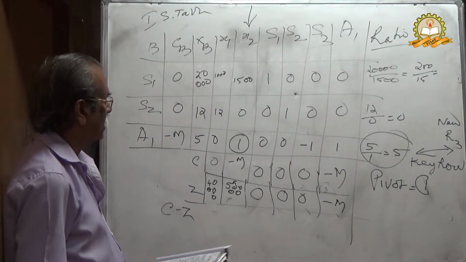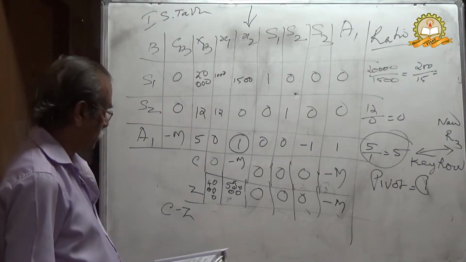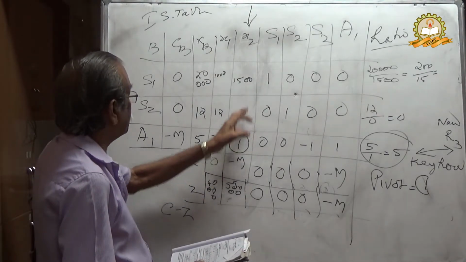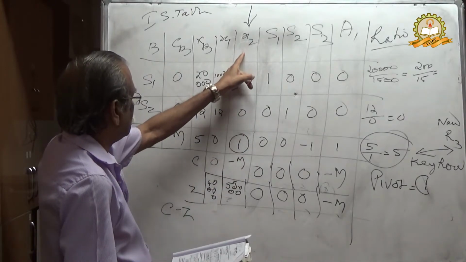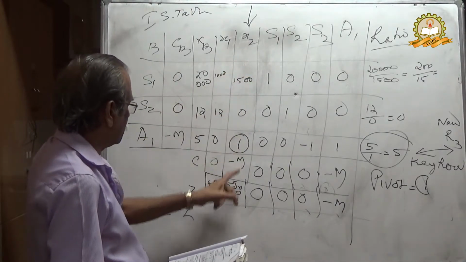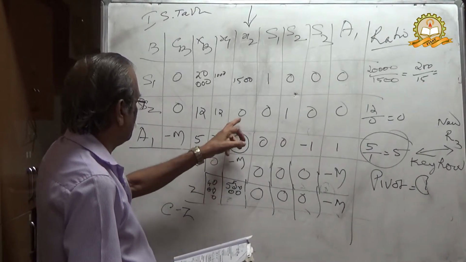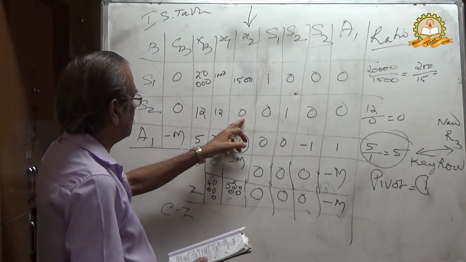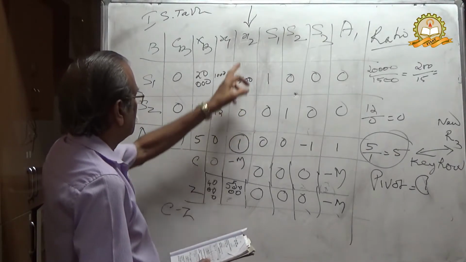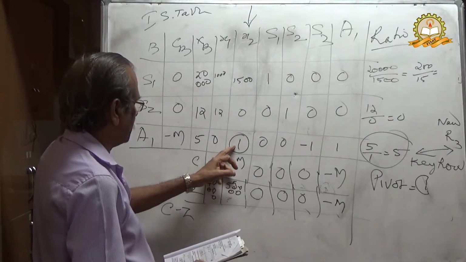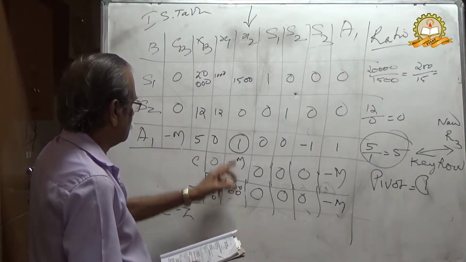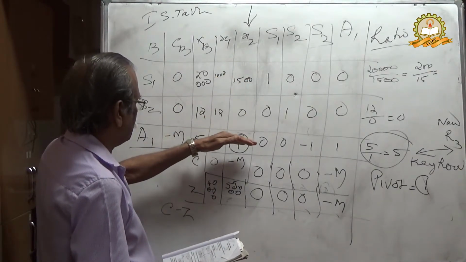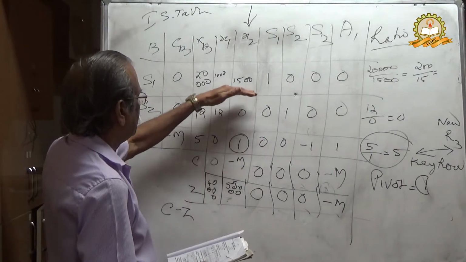We construct another revised simplex table such that cell values under column X2, above and below the pivot number, are made into zeros.